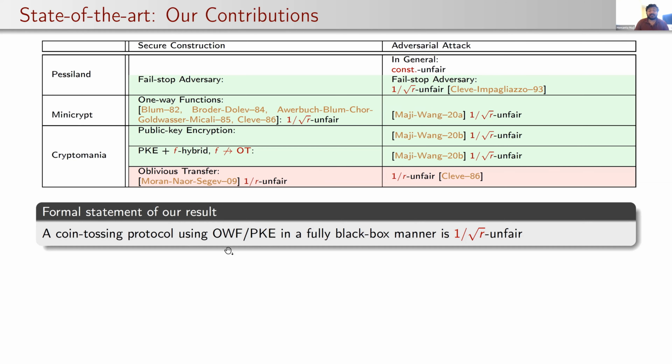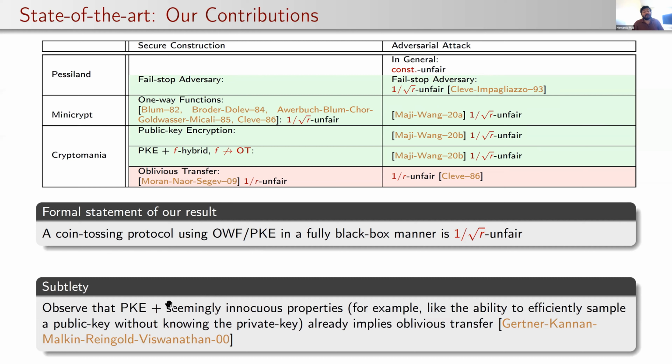And let me highlight a subtlety of our result and how subtle our analysis has to be. Observe that if you have public key encryption plus seemingly innocuous properties like ability to sample a public key without knowing its corresponding private key, then it already implies oblivious transfer.